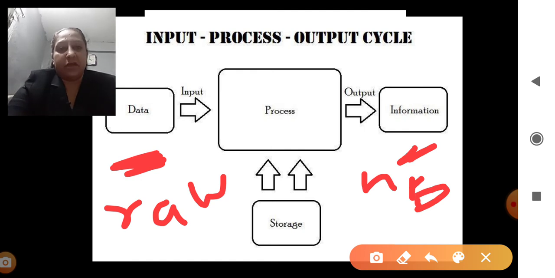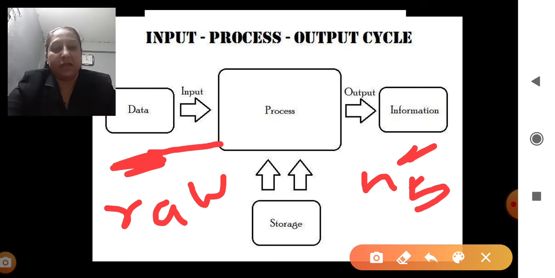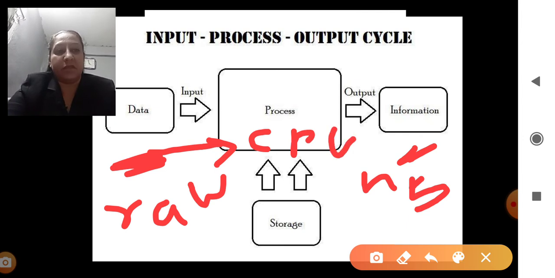The user will give the data, that is your input, and from input it goes ahead to the processing unit. Data comes from the input device and moves to the CPU, which is your processing unit. From there it goes to the storage device. Which one is your storage device?